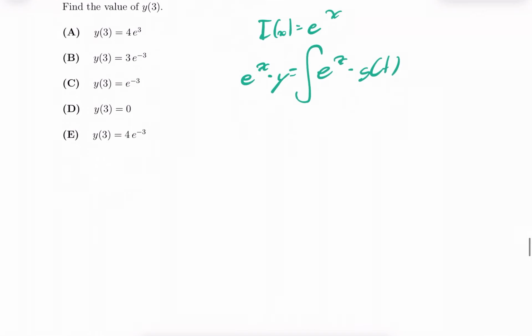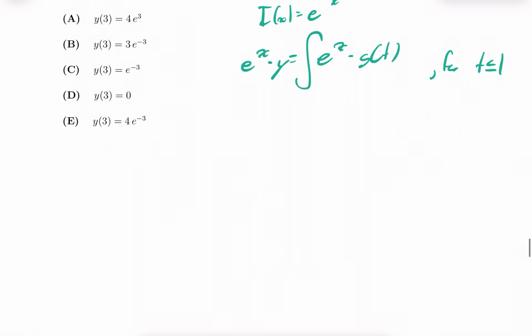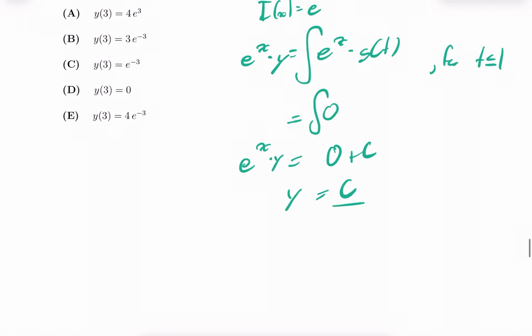Alright. Now, I'm going to solve first for t is less than or equal to 1. Now, if I do that, I just get the integral of 0 equals 0 plus c, equals c. This becomes e to the x times y, and y equals c over e to the x.